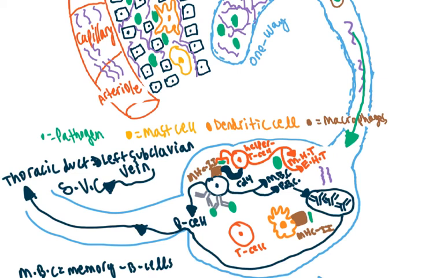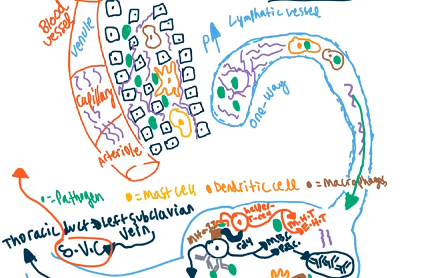Then what can happen is that once these free-floating antibodies get pumped back into circulation via the heart, they will come back here, because this is where it all started on the arterial side.